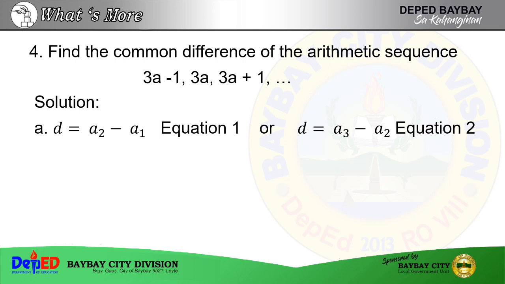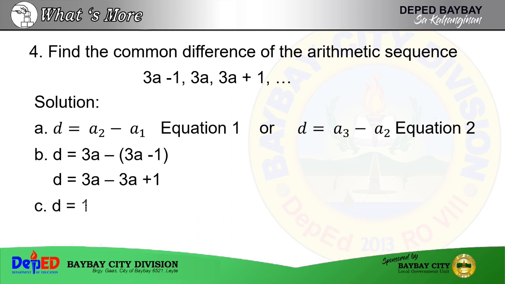If we use equation 1 and substitute the given, we have d is equal to 3a minus quantity 3a minus 1. Removing the parentheses, we will have d is equal to 3a minus 3a plus 1. If we simplify, we will obtain d is equal to 1. So the common difference is 1.